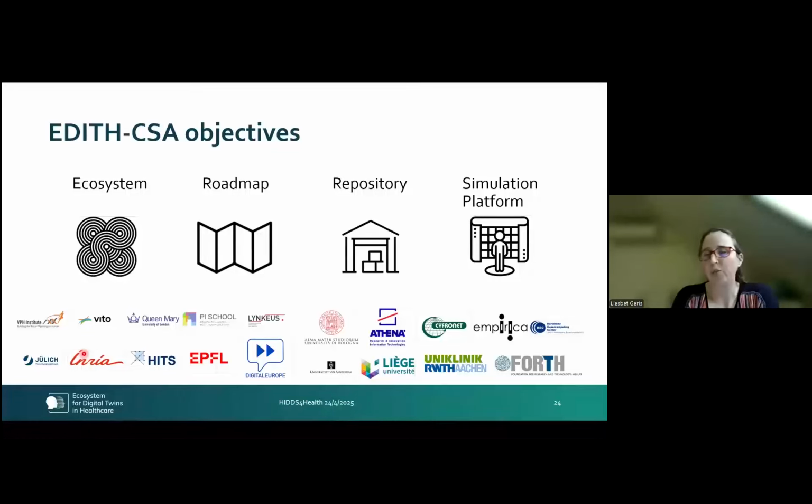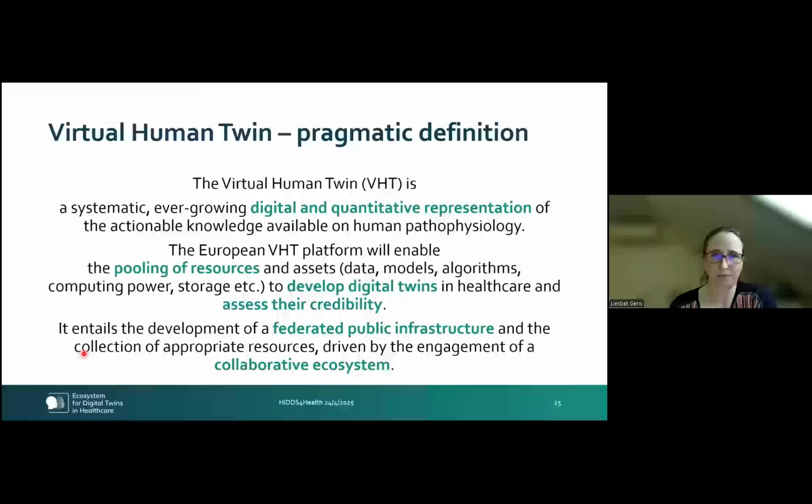In order to do that, we had to also work on a proof of concept infrastructure, a repository, a simulation platform to better understand the specific needs of the digital twin community compared to needs of other communities that are also already using data repositories and platforms.